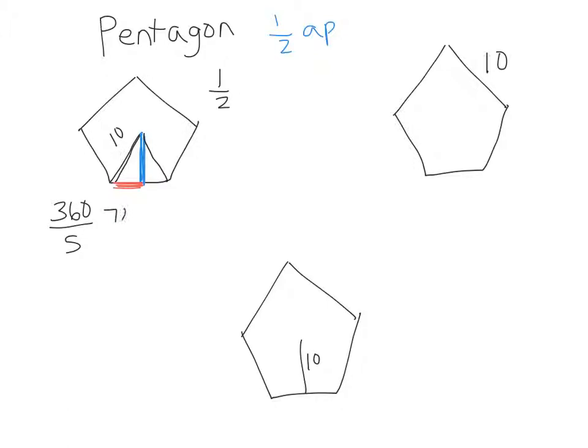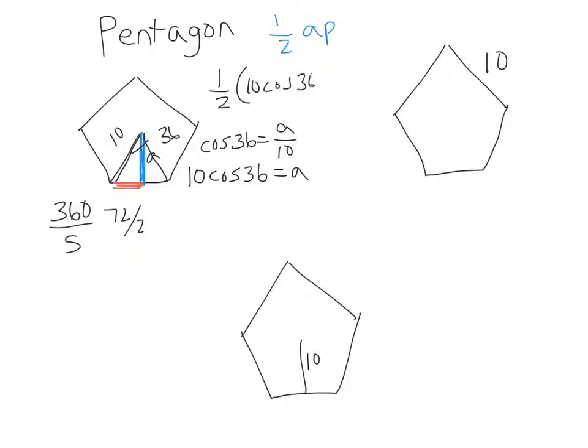So that's 72, but then I cut it in half, so that's 36. To figure out the blue side, I'm going to use cosine. So the cosine of 36 equals a over 10, so 10 cosine of 36 equals a. That's going to be my apothem.